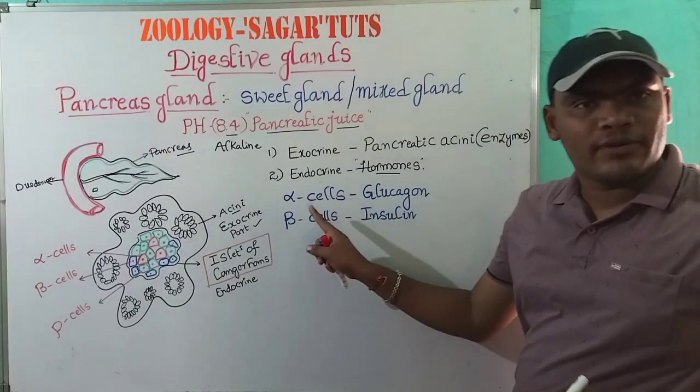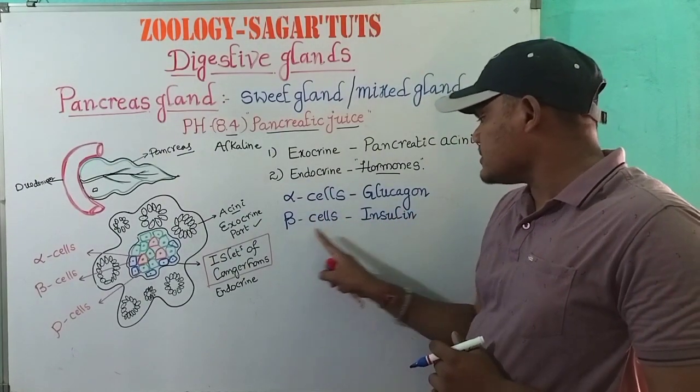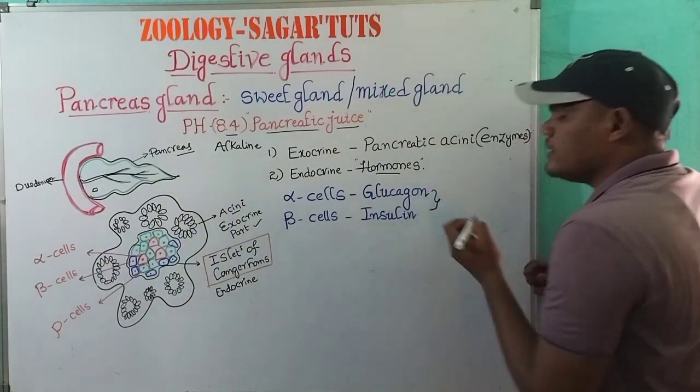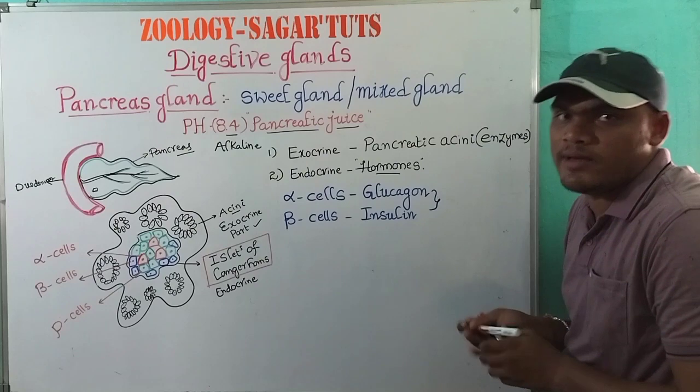Alpha cells secrete glucagon, beta cells secrete insulin. These two hormones balance the glucose levels in the body.